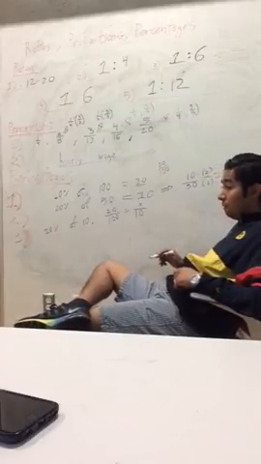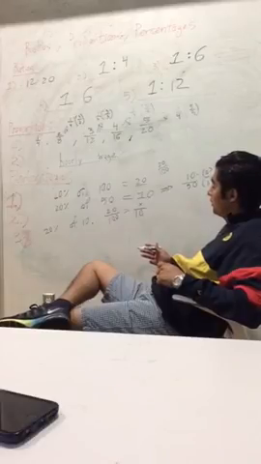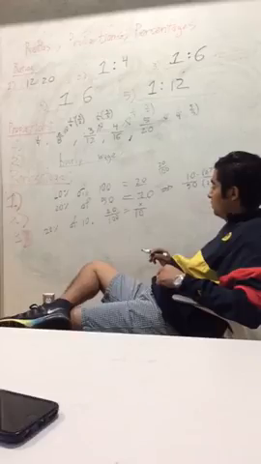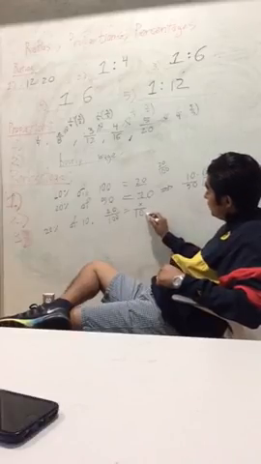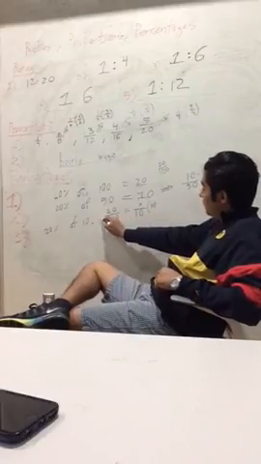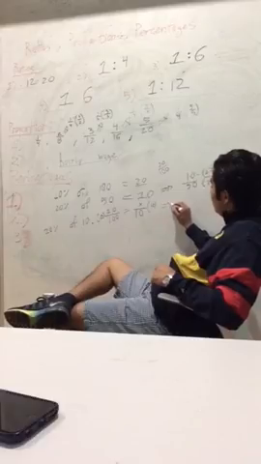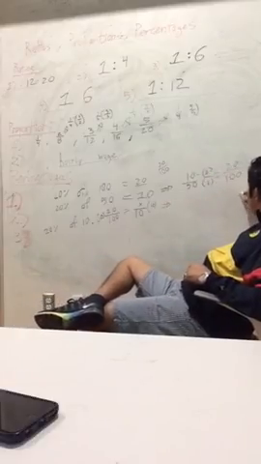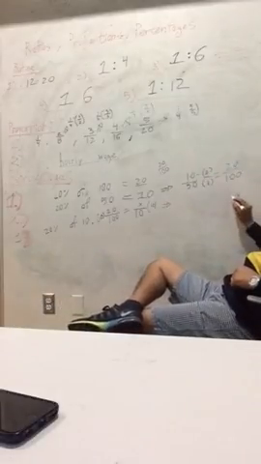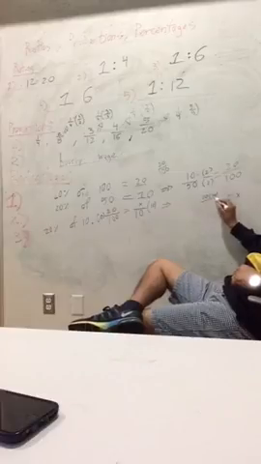Now, how can we go about figuring out what x is? We can get rid of this 10, right? We can just multiply by 10, and whatever I do to one side of my equation, I will do to the other. So then from here we have x equals 20 times 10 over 100.